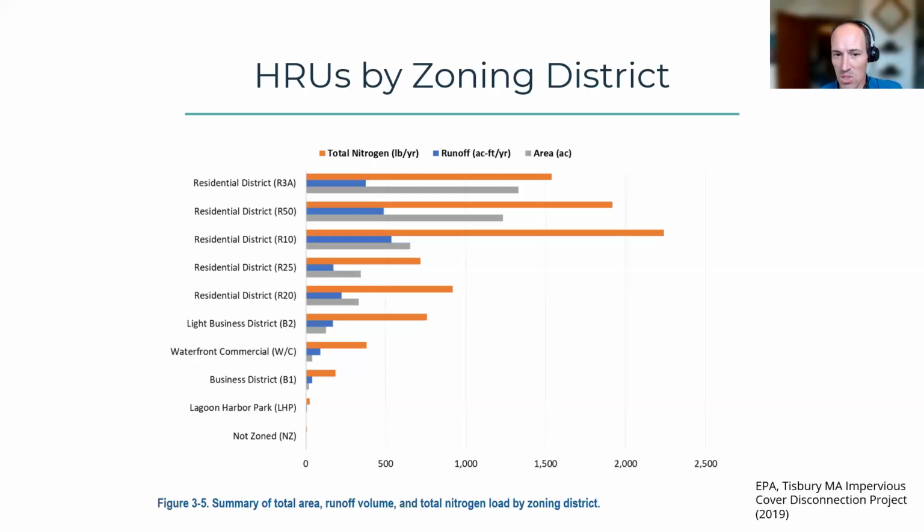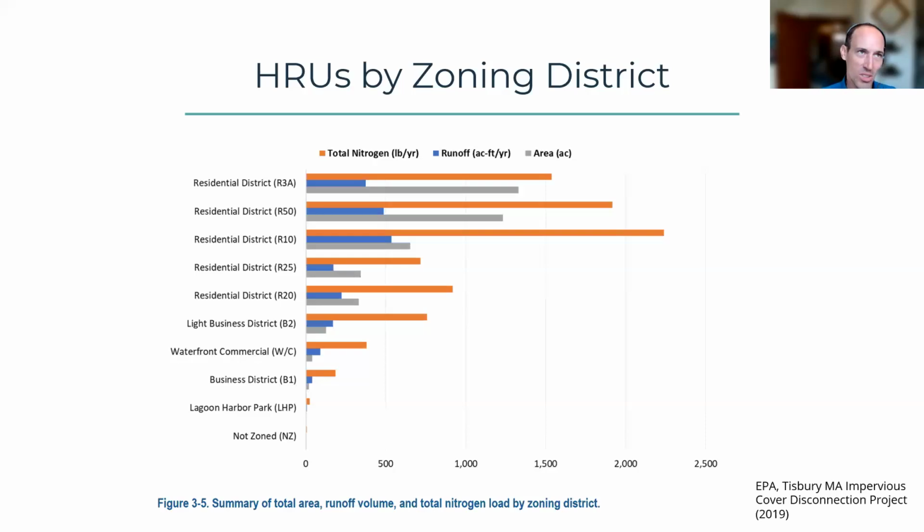I thought this was really interesting because even among those residential districts at the top of the graph, the nitrogen and the runoff don't track by area. And so this is where things can get interesting.